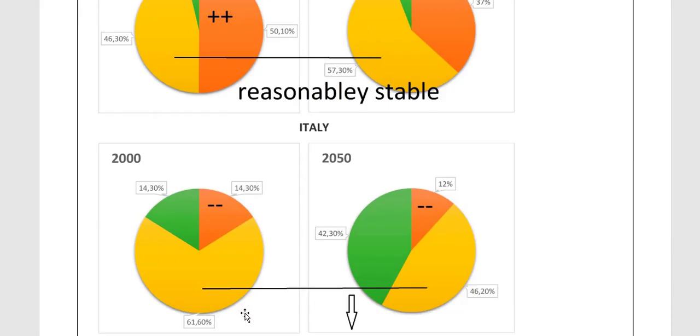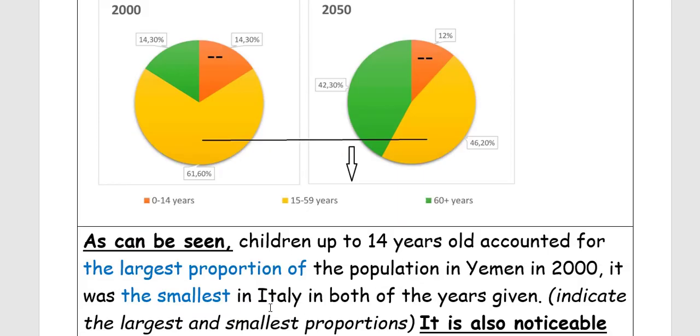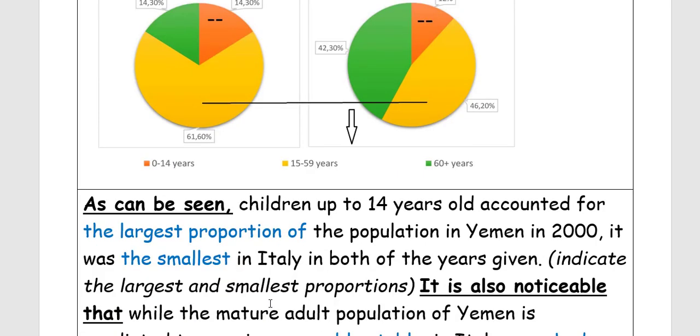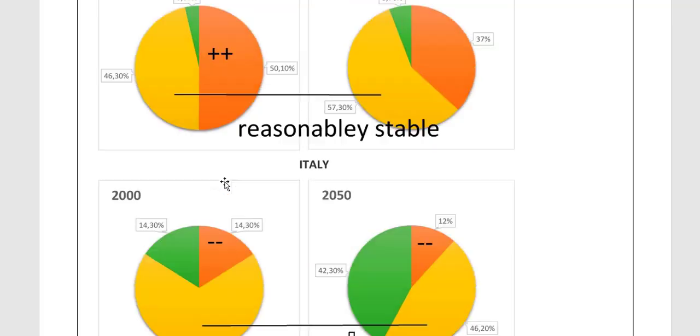In the next paragraph, we should describe these pie charts generally, focusing only on general trends rather than on specific figures and numbers. As can be seen, children up to 14 years old accounted for the largest proportion of the population in Yemen in 2000.